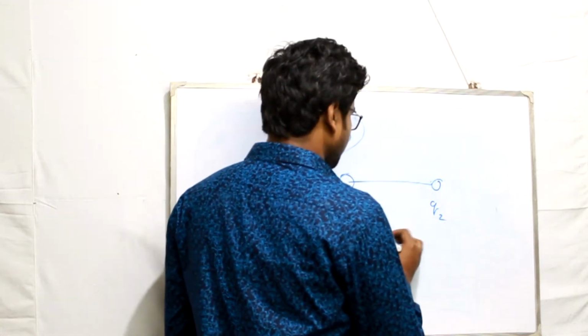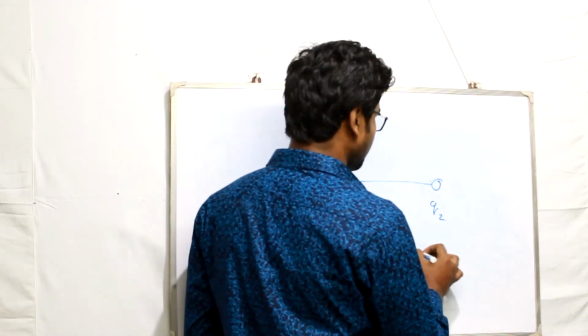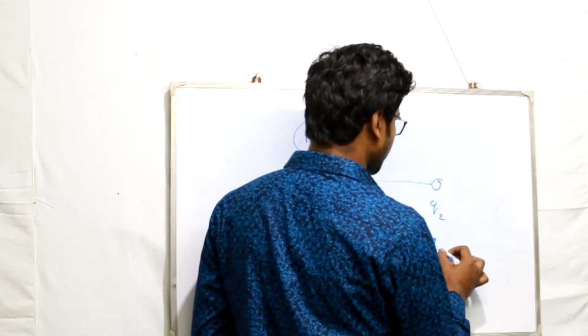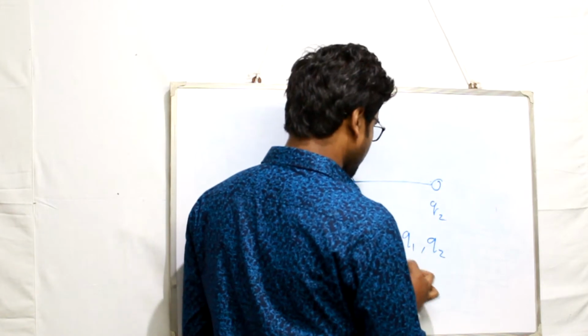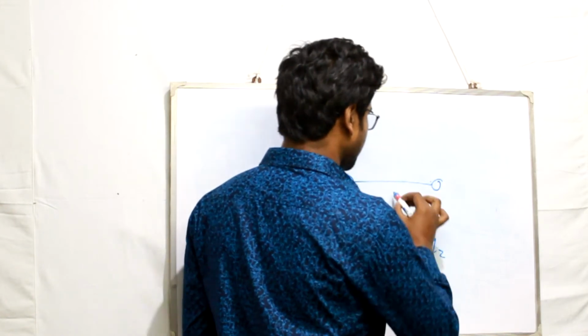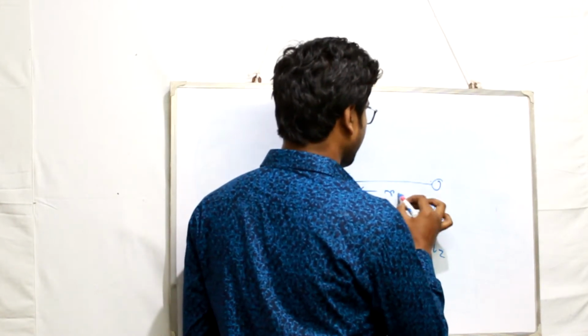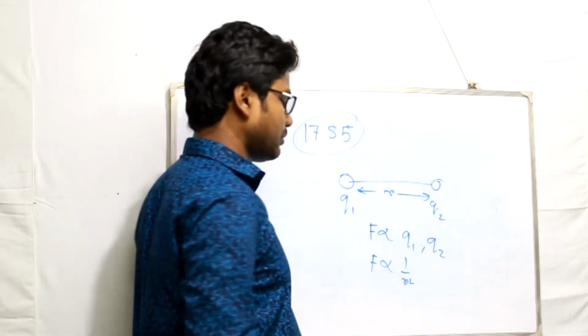That force is proportional to Q1 and also to Q2, and inversely proportional to the square of the distance. If r is the distance between them, it is proportional to 1 by r square.